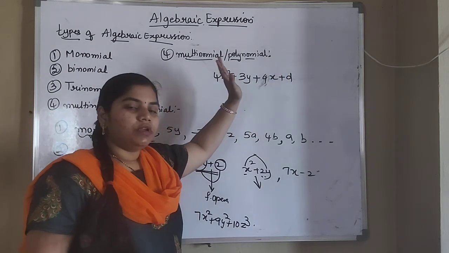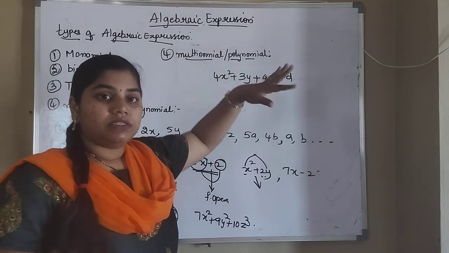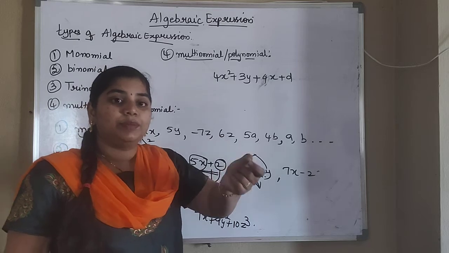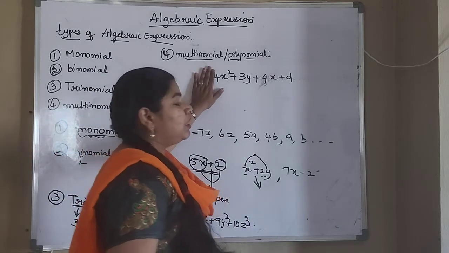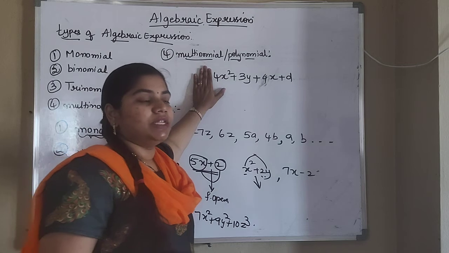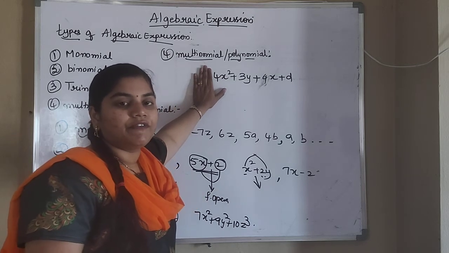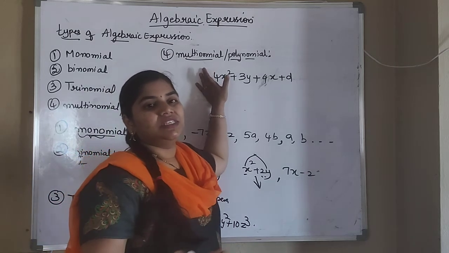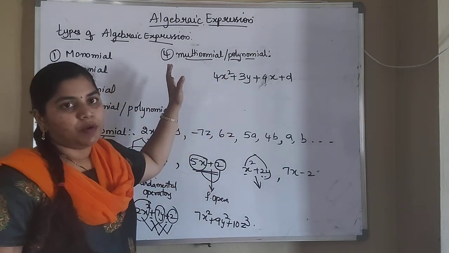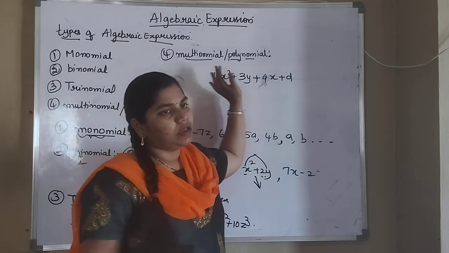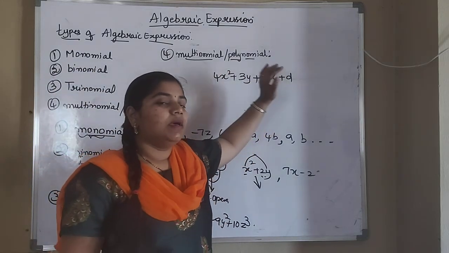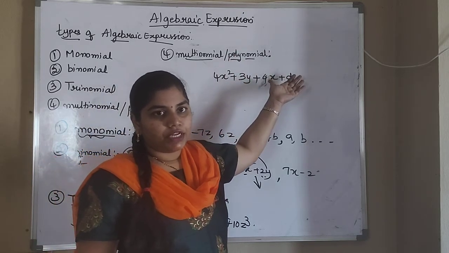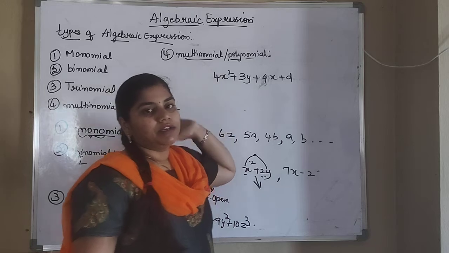Not only 4 terms, you can take 5 terms, 6 terms, 7 terms combined with algebraic terms and fundamental operations. It can be n number of terms, and we will call it a multinomial.